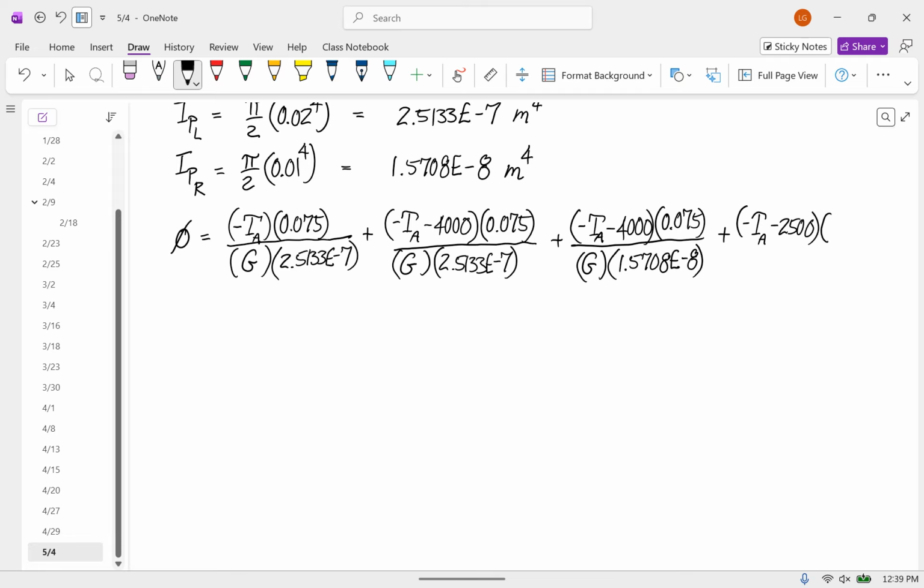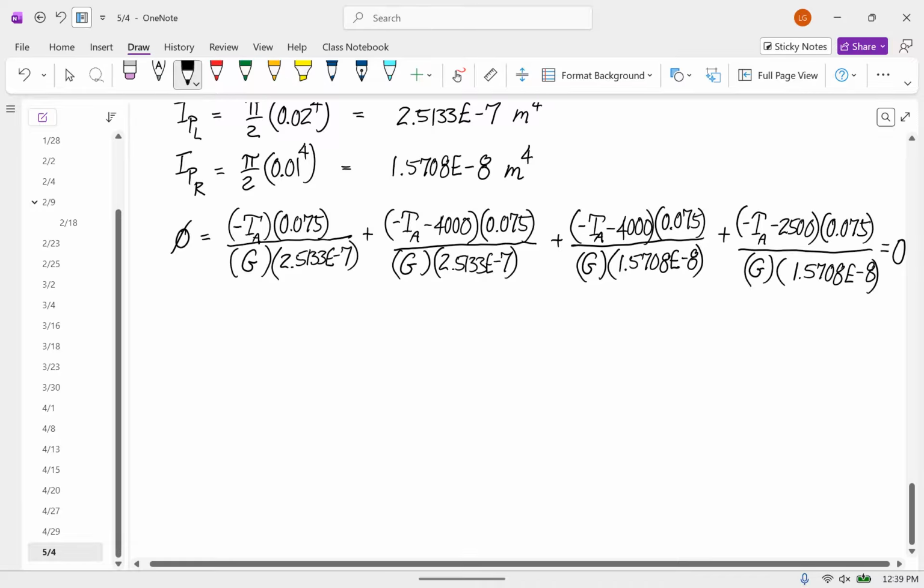The length of this piece is 0.075 divided by G times the polar moment of inertia for the thinner piece, 1.5708 times 10 to the minus 8. And all this is equal to 0.